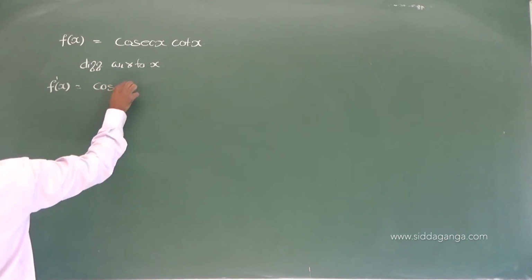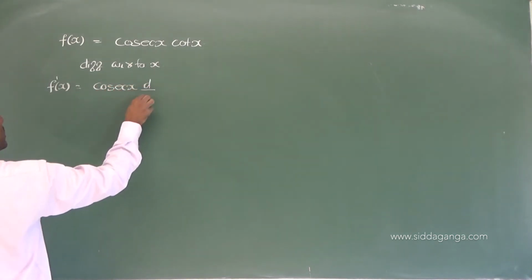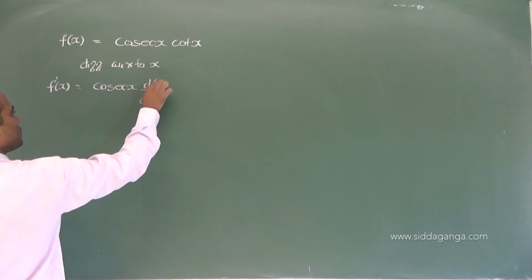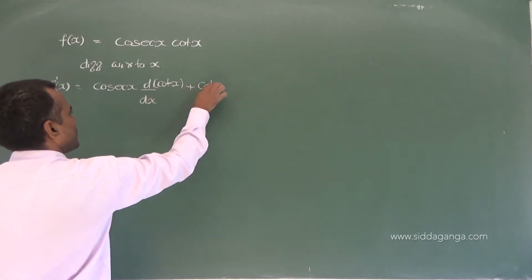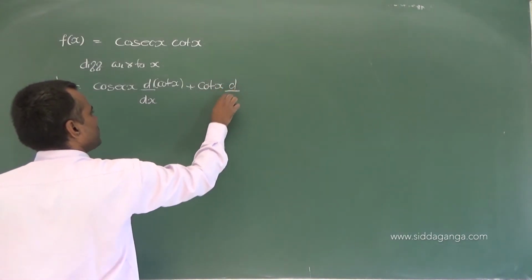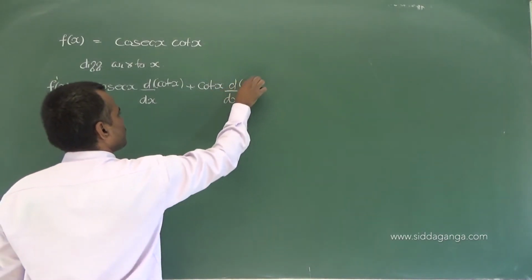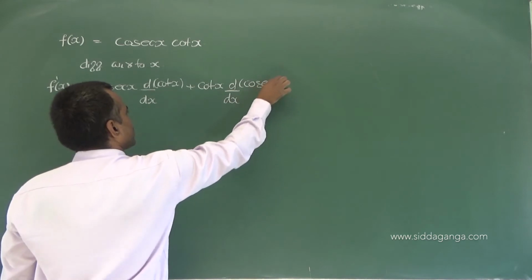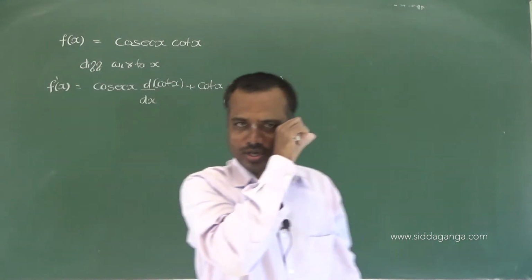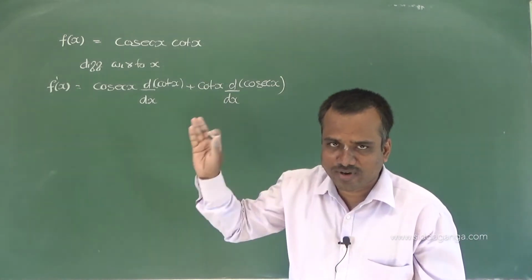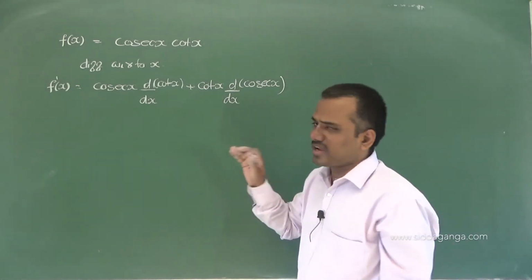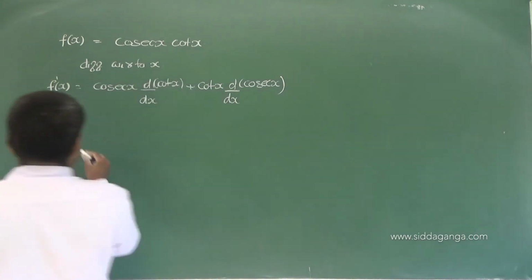First function is what? Cosecant x into d by dx of cot x plus cot x into d by dx of cosecant x. Cosecant x into d by dx of cot x means first function into derivative of second function plus second function into derivative of first function.